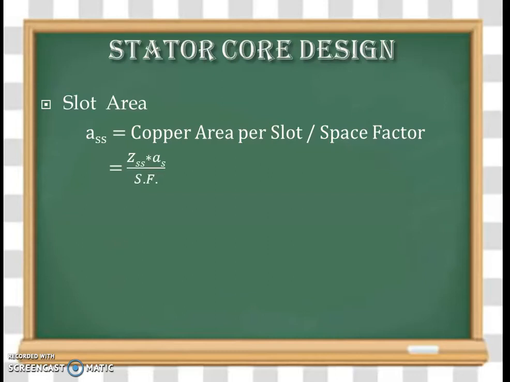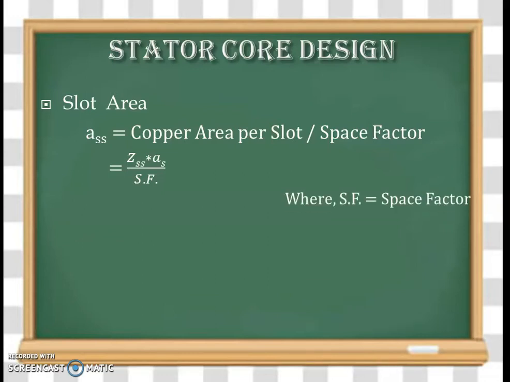We have total number of conductors per slot multiplied by cross section area of the conductor. So it gives us the total copper area per slot, and we have to consider insulation also during designing, the space required for the insulation. So it is divided by space factor.